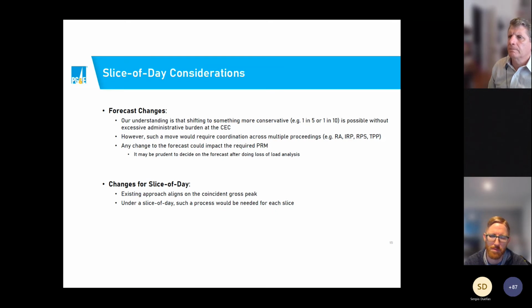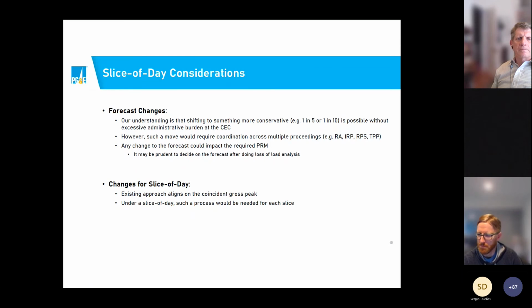That's weird. I would have thought that at least in RA space, when we all calculate a 0.1 LOLE with a specific set of counting conventions, it would result in a particular planning reserve margin, which may be different than IRP space, even to achieve the same LOLE. But I think I was responding to PG&E's proposal to start with the IRP and have the IRP do an LOLE study to the 0.1 or to whatever other target might be selected, and then have that feed back into RA.